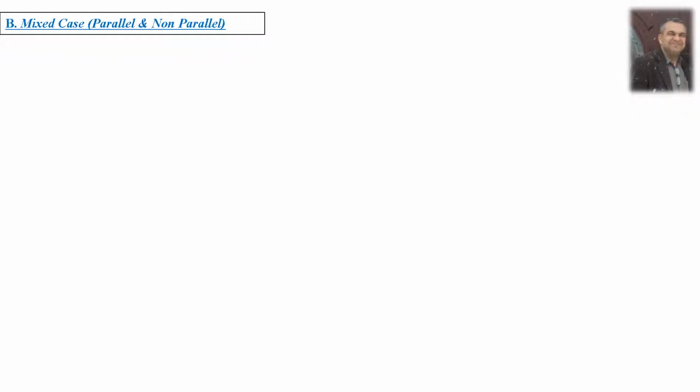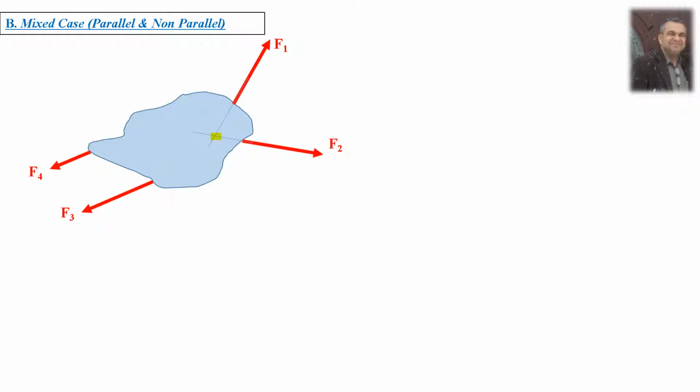Now the mixed case. The mixed case is where some forces are parallel and some forces may not be parallel. This is an example: these two forces are not parallel, but these two other forces certainly meet at this point. And then these two forces are not parallel.